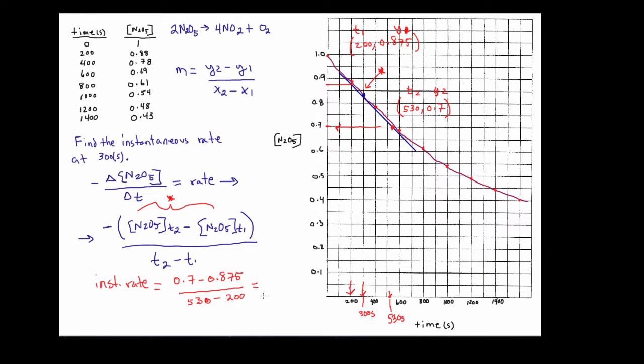All right, and what I get for the instantaneous rate is going to be 0.0005303, with four zeros after the decimal point, and the units are going to be in molarities per second. All right, so that's how we get the instantaneous rate. This is the instantaneous rate at this point.